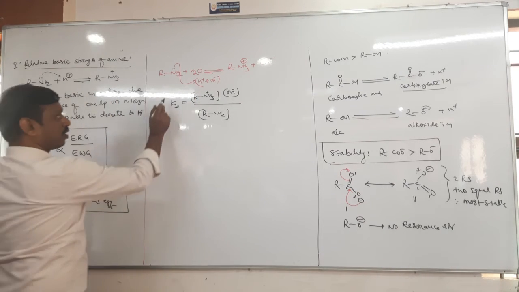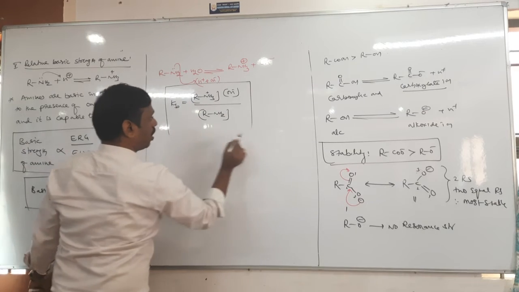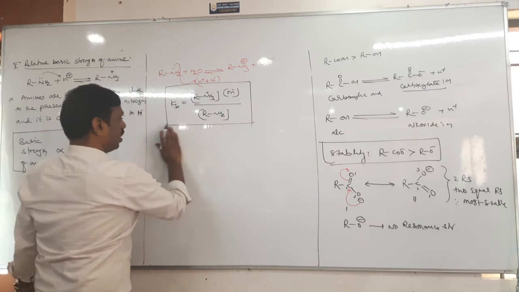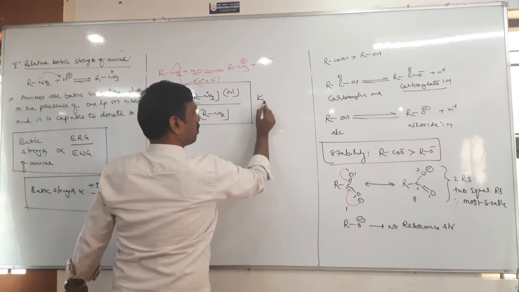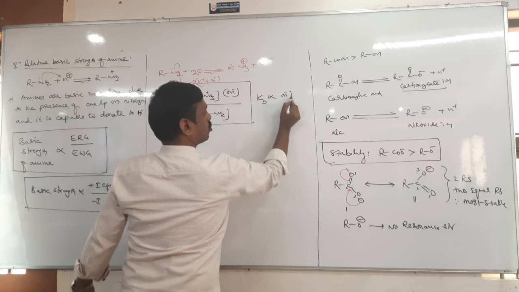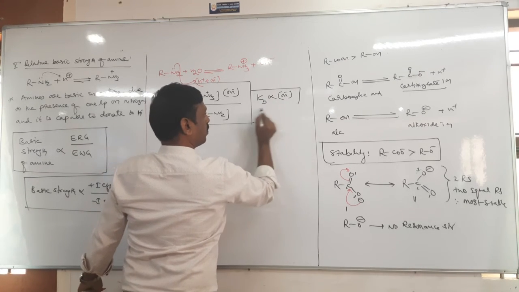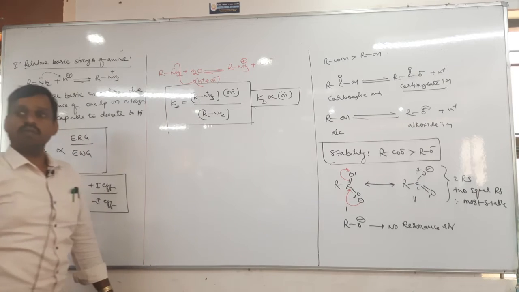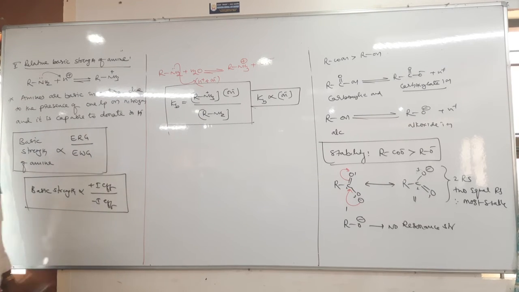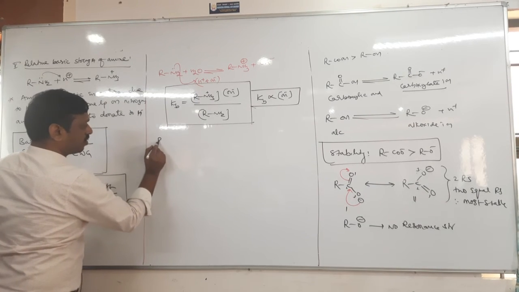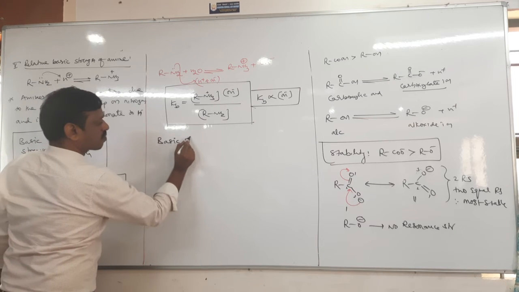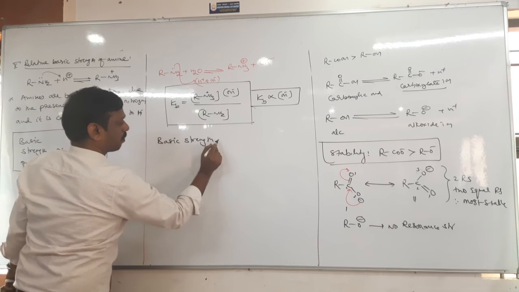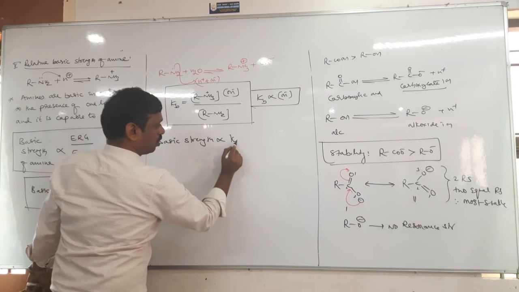But I want Kb related to OH. Kb is directly proportional to the OH minus ion concentration. It means the higher the Kb, the more will be the basic strength. So finally, basic strength is directly proportional to Kb.